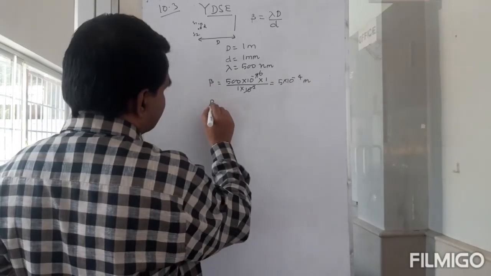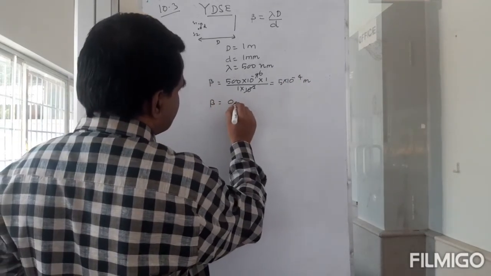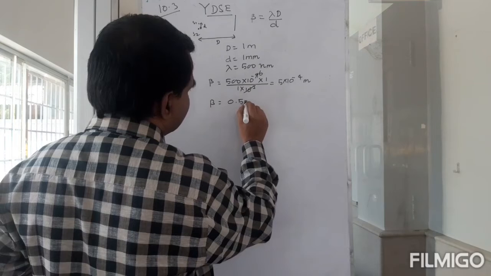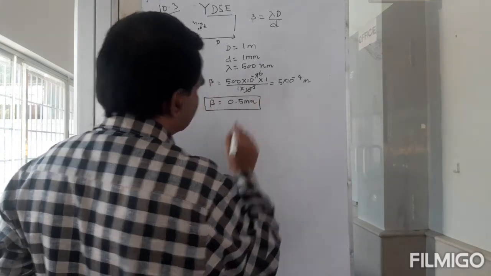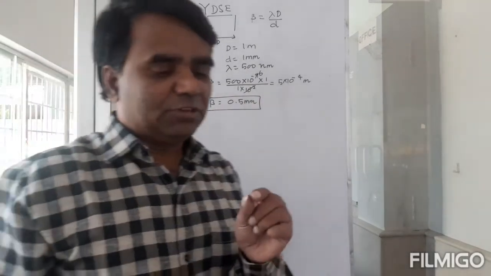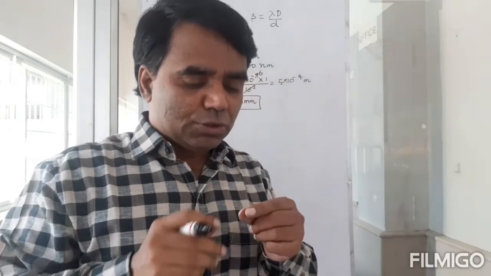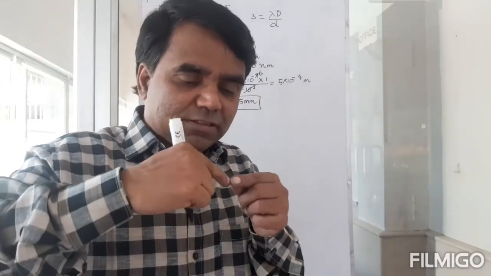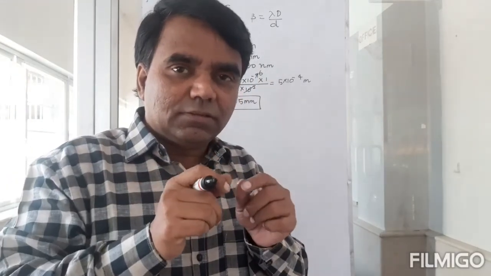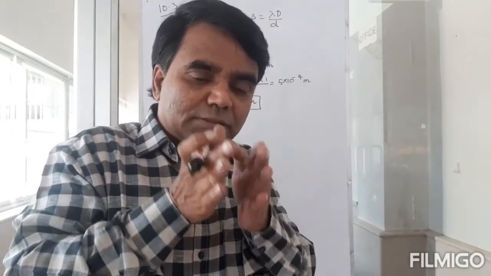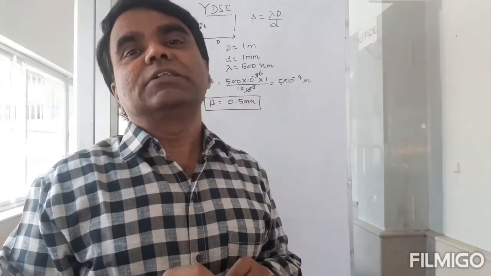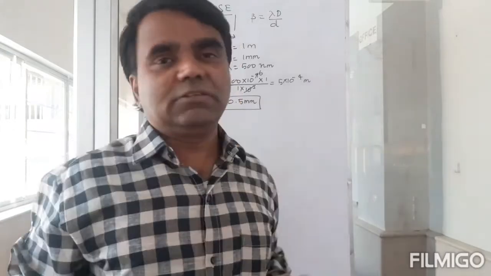So bandwidth is actually 0.5 millimeter. You see, it's very small. So half a millimeter is the distance between the bright and bright spots, or dot and dot.